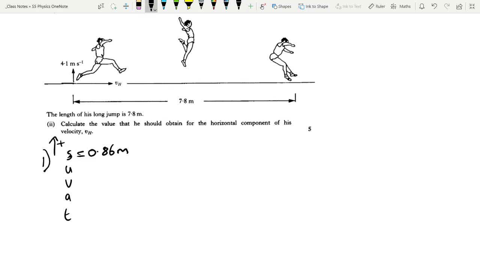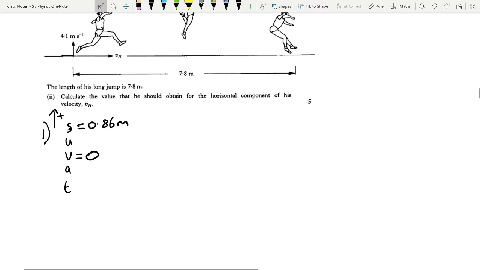What do we know about the speed at the maximum height? 0, yep. It's always something you need to have in the back of your head because it won't always tell you that. Initial vertical speed, u, is what we want to find out. And acceleration is negative 9.8. That's down, and we're taking upwards to be positive. We don't know anything about time.